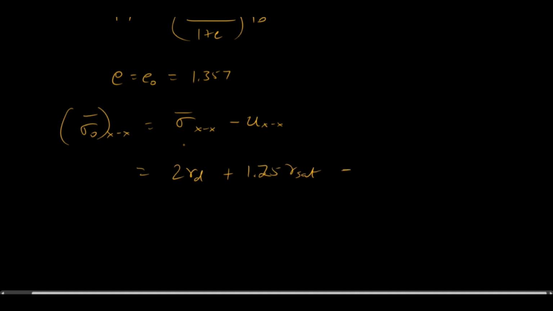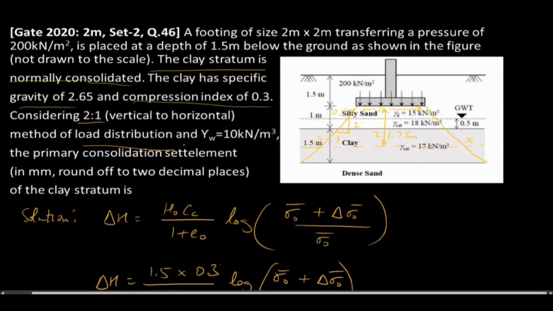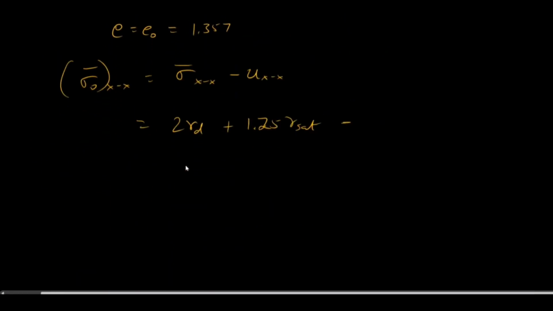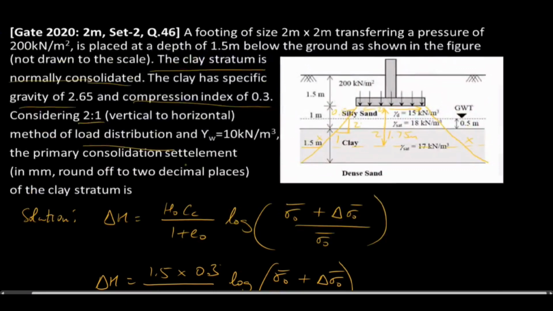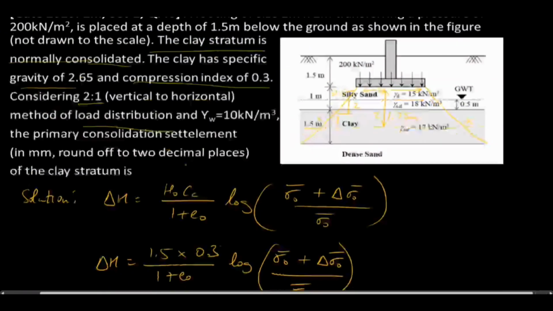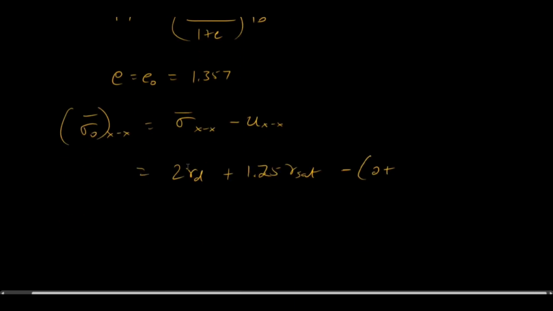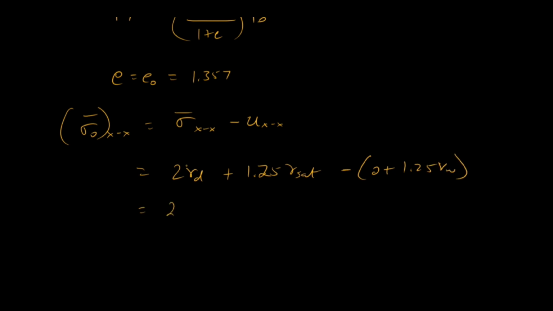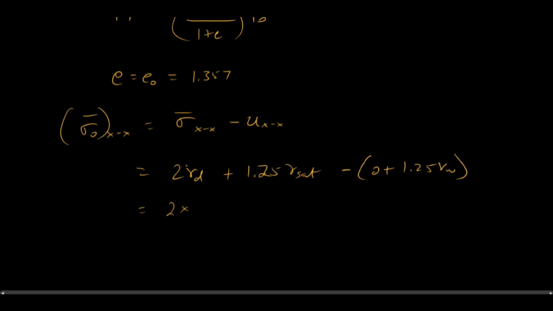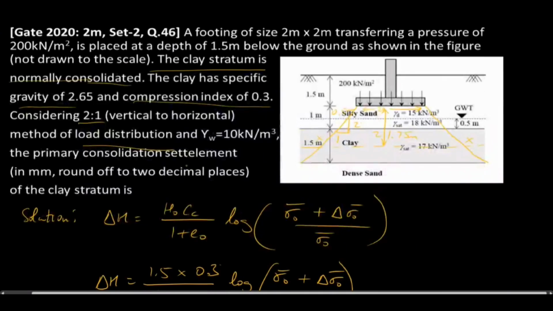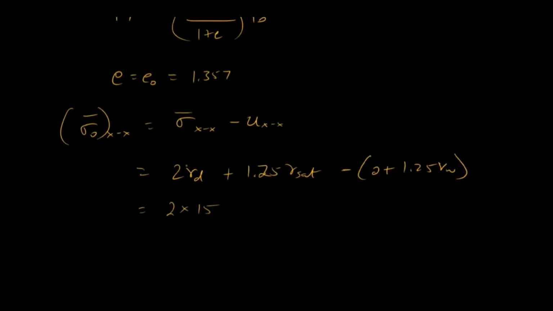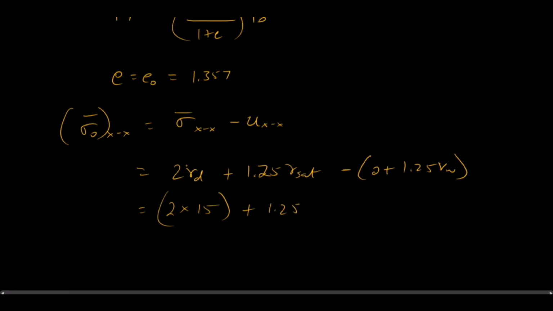Minus pore water pressure: for the silt layer there is no pore water, that is 0, plus the pore water pressure of the clay layer, 1.25 into gamma W. Gamma d they have given as 15 and gamma sat as 18, so 2 into 15 plus 1.25 into 18 minus 1.25 into gamma W as 10.